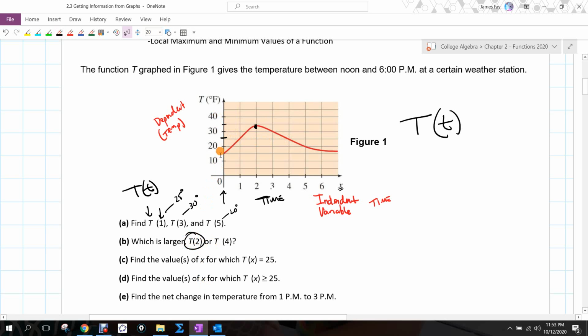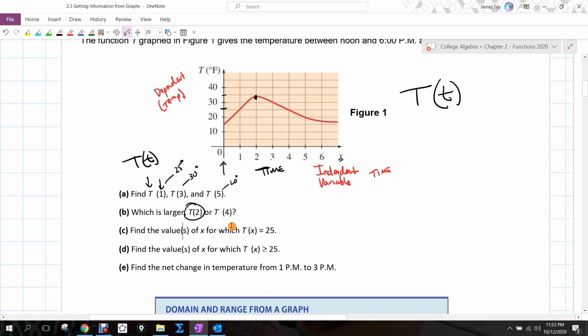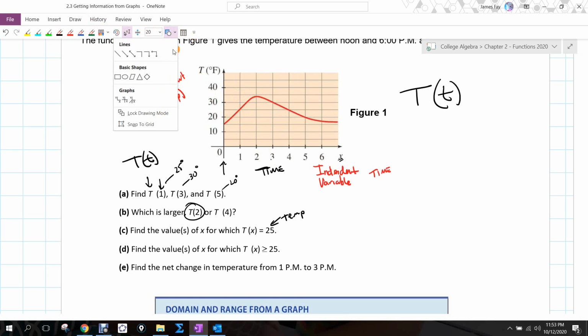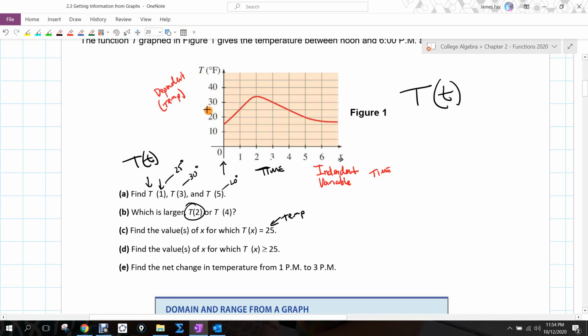It says find the values of x for which T of x equals 25. Remember, this is the temperature. So if the temperature is 25, this is the way I like to do it: I'm going to take a line through the y value of 25.